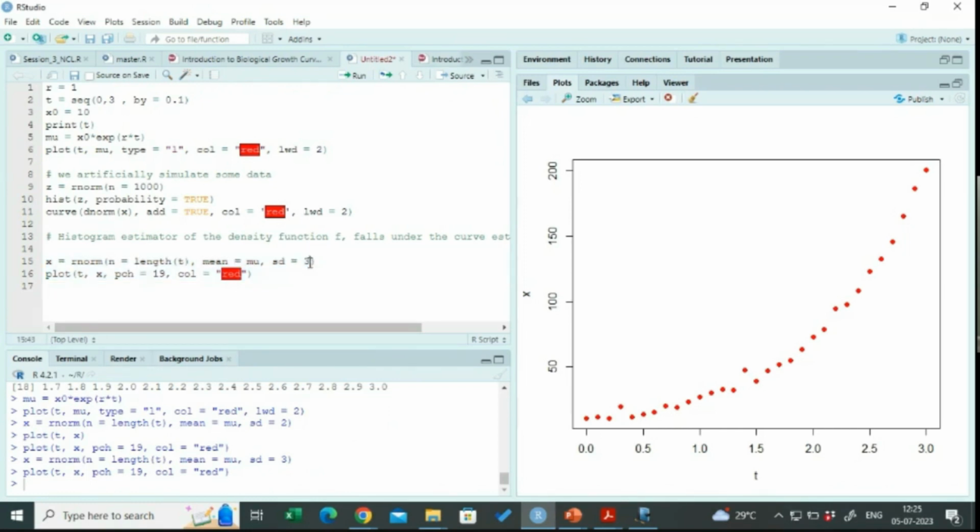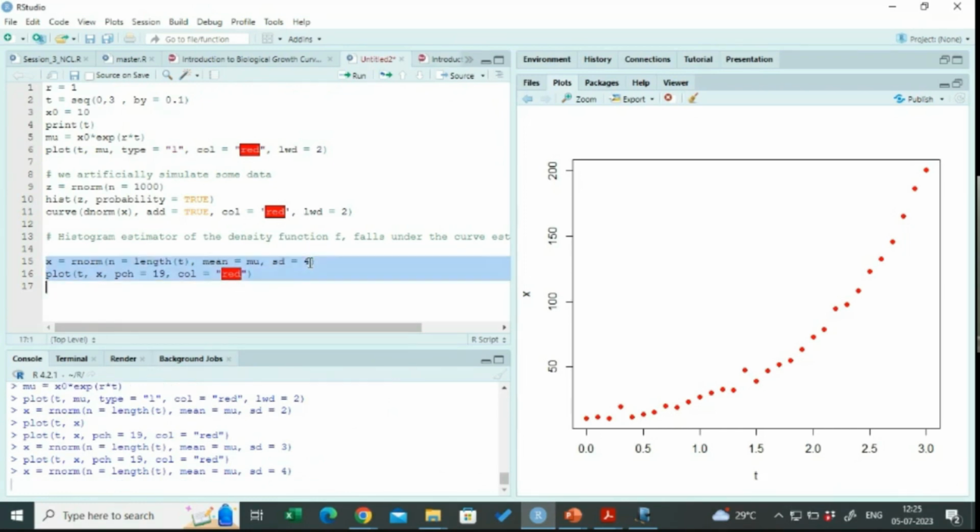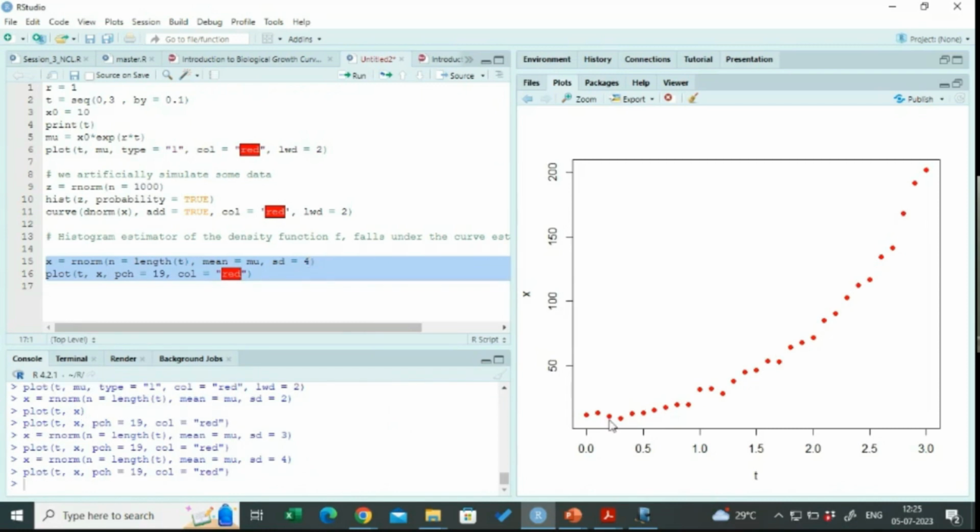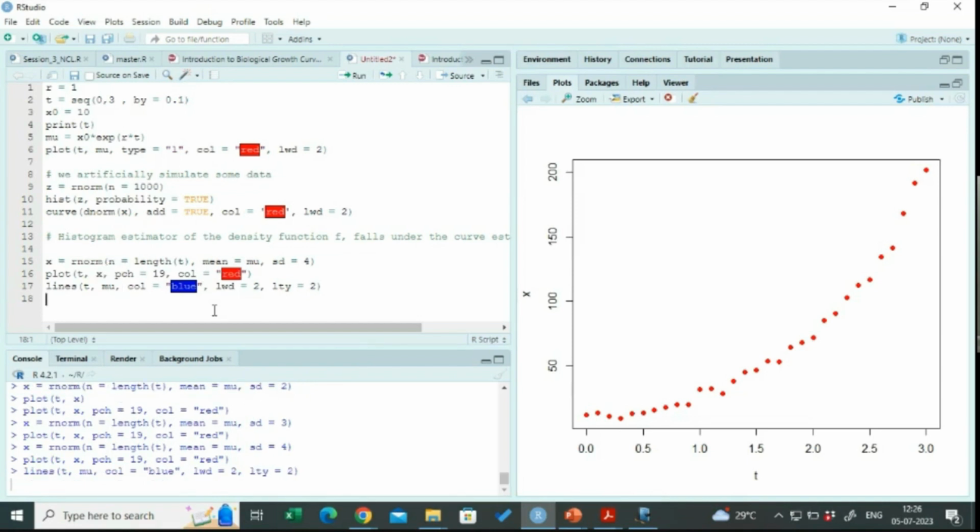If SD is equal to 4, these are getting more distorted. But what is the mean profile? So plot or lines t comma mu, col equal to blue, lwd equal to 2 and lty equal to 2. So the blue curve is the mean profile and this is a little bit of deviation.